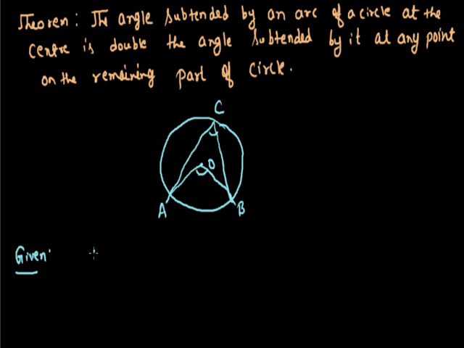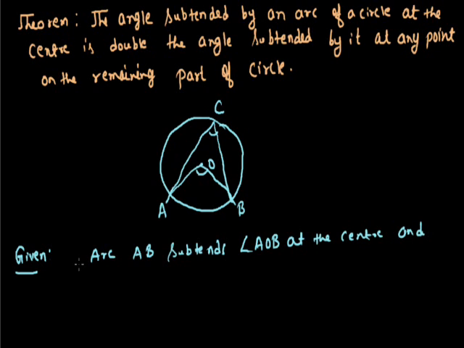So given, arc AB subtends angle AOB at the center and angle ACB at the remaining part of the circle.